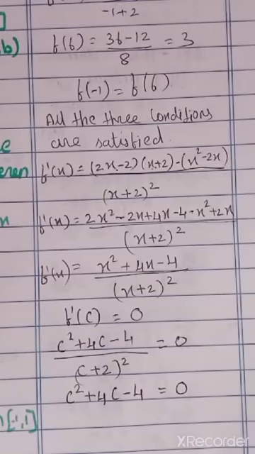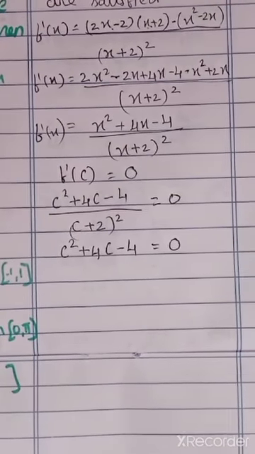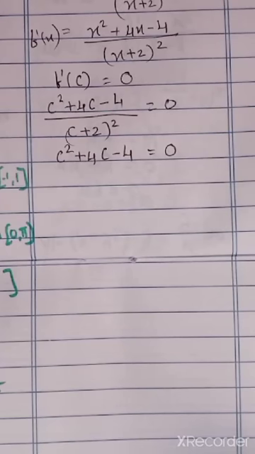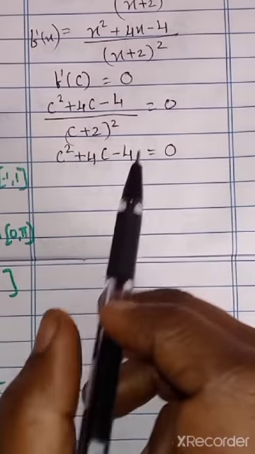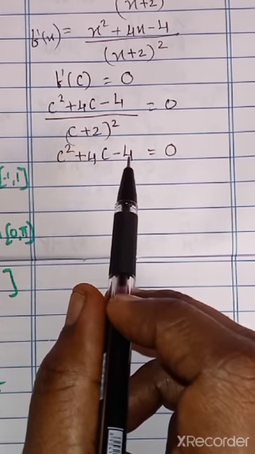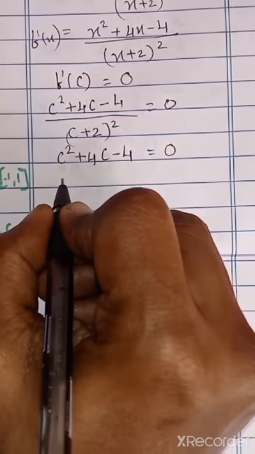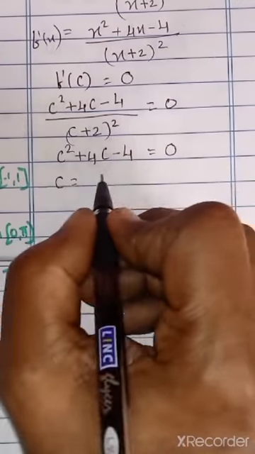Now, product 4, addition 4: 1 and 4 is not 4, 2 and 2 will not work, because the minus sign is there, correct? So you can use a formula to solve this. c square plus 4c minus 4 equal to 0, we can solve. So what formula can we use?